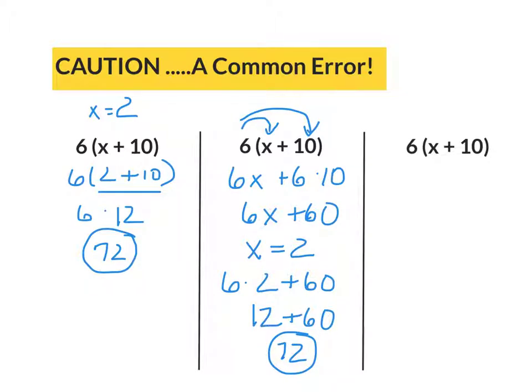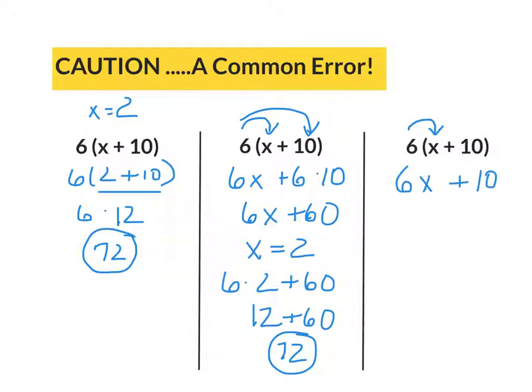Now I'm going to model the error that many students make. What happens is many students will distribute the 6 to the x, or the first term, but they'll forget to distribute to the second term. They won't distribute the 6 to the 10. So they end up with this as an expression, 6x plus 10.